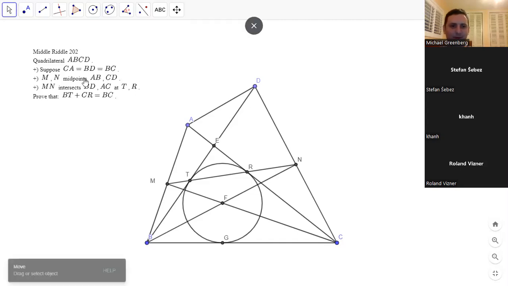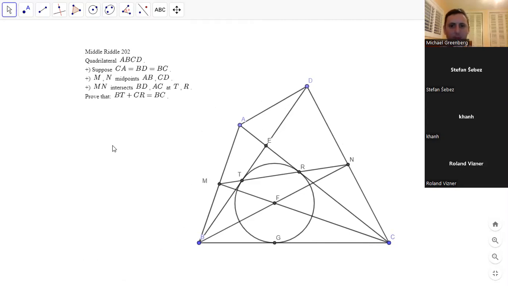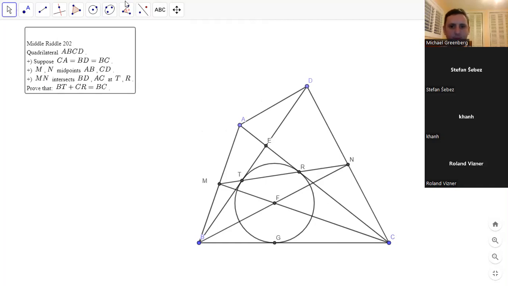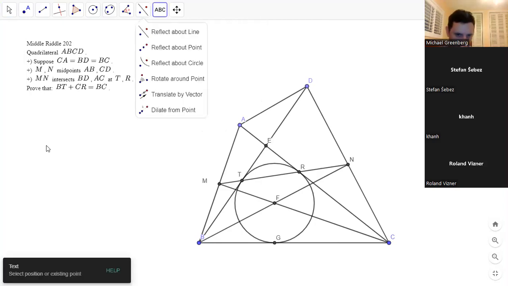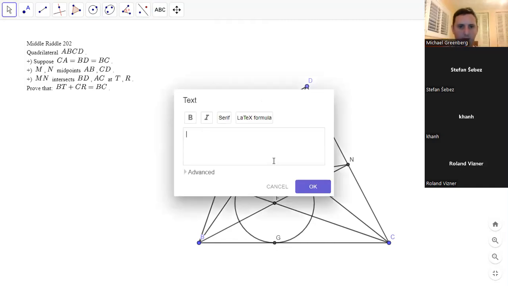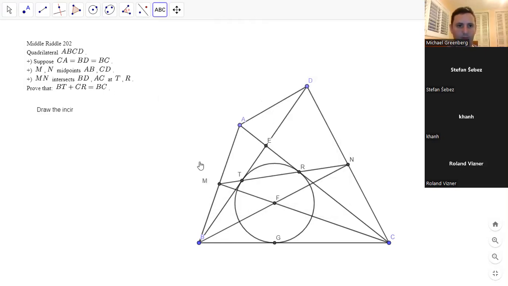I'm going to write it up quick. But yeah, so I'll say draw the incircle of EBC. So first of all, I'm going to show that F is the incenter.